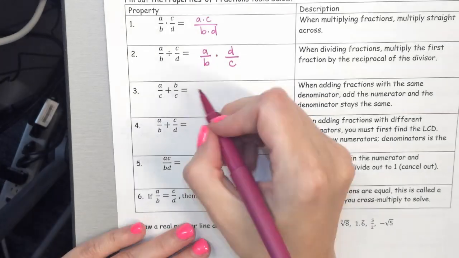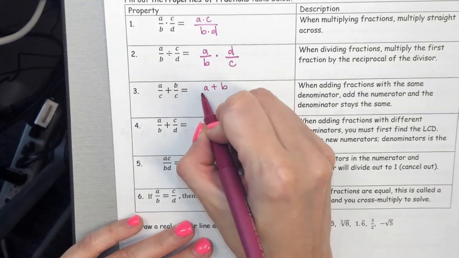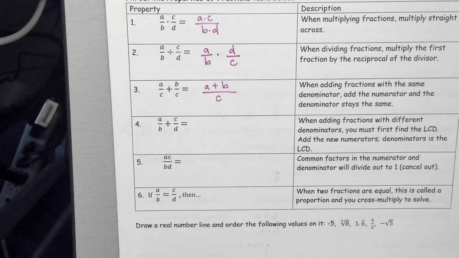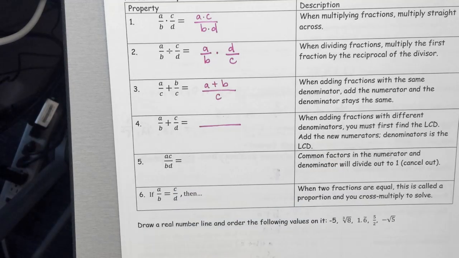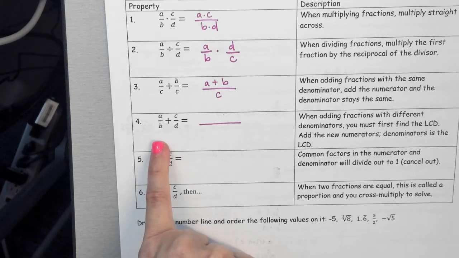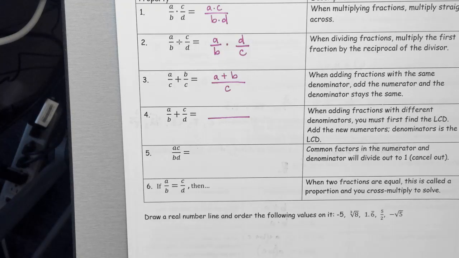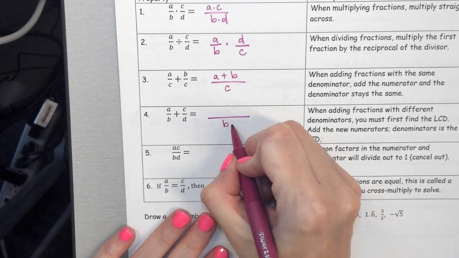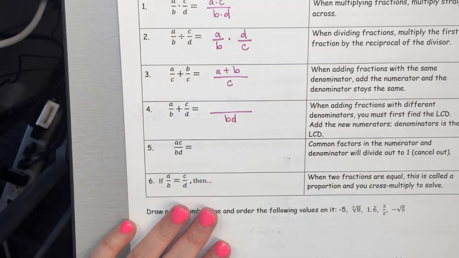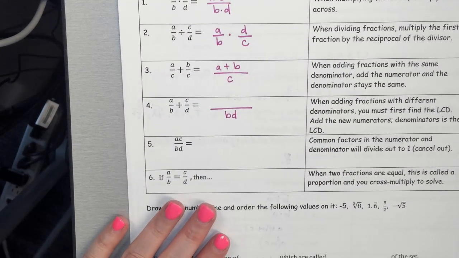When you are adding fractions with a common denominator, we add the numerators, the denominator stays the same. Now for this one, if you don't have a common denominator, you have to find the common denominator. So if this one is B and this one is D, what is the common denominator? B times D. So I want you to write what the sum is on the top.